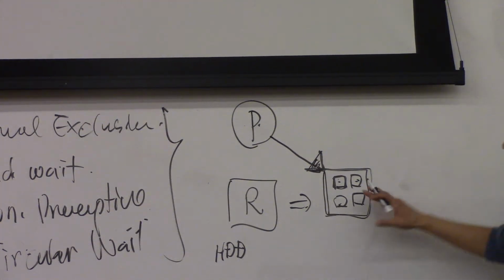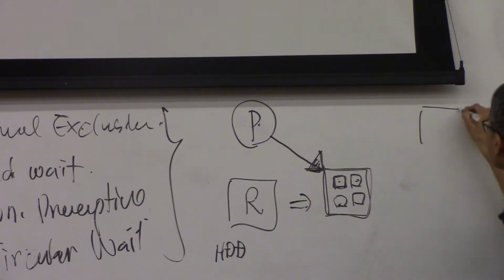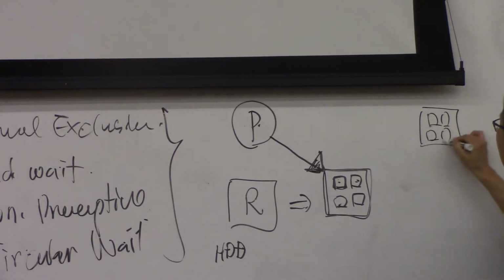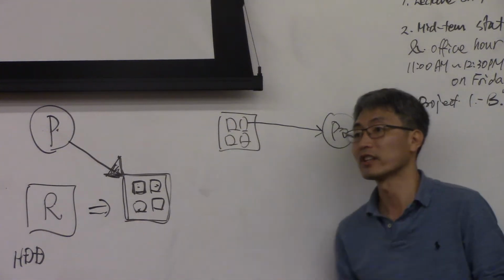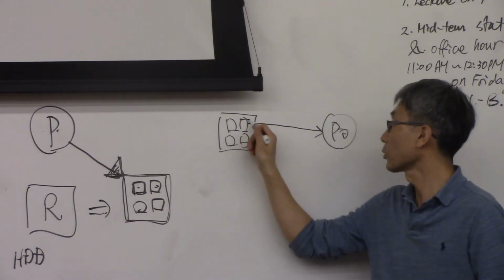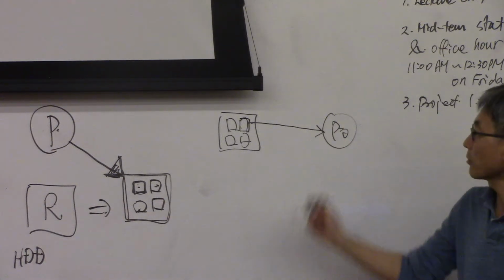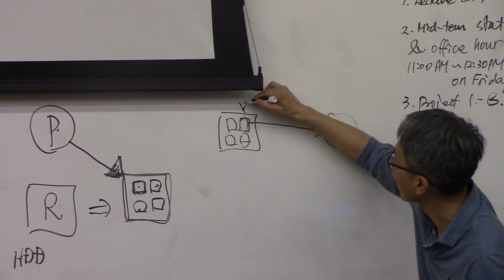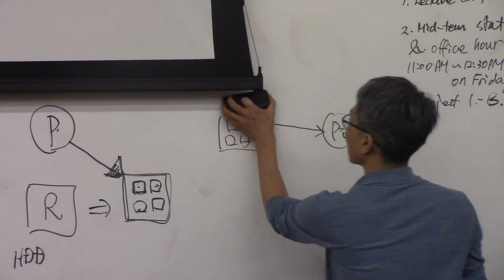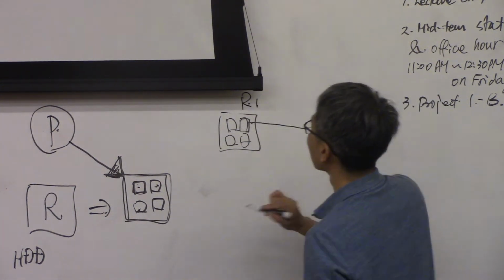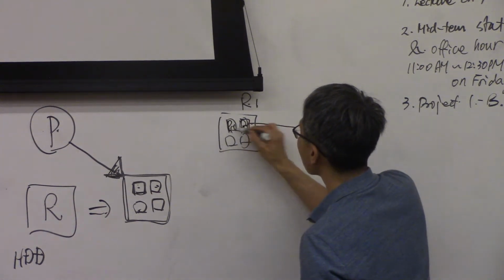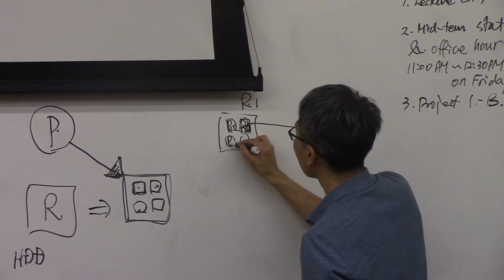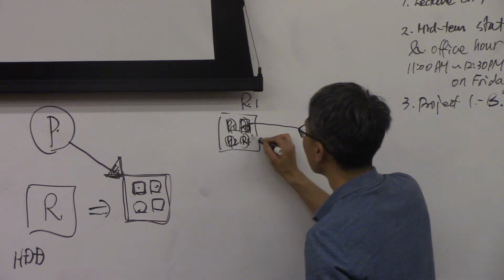Then if it is granted, for example one of the resources is granted to P0, it will be like this: an arrow from one inner instance of the square to the process. For example, this is a hard disk drive, the resource R1, with instances R1,1, R1,2, R1,3.